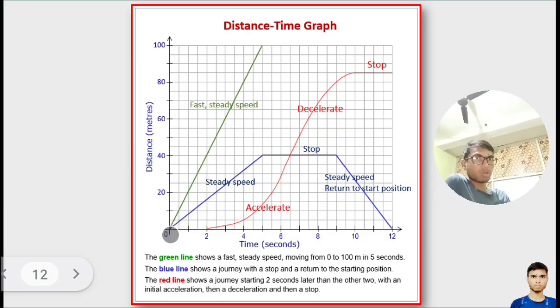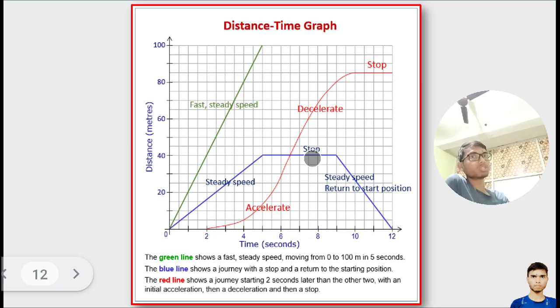Now, if an object started moving from here to here, then this acceleration is positive. Now, look at this blue line. From here to here, the speed is fixed. Again, from here to here, the object is not moving.